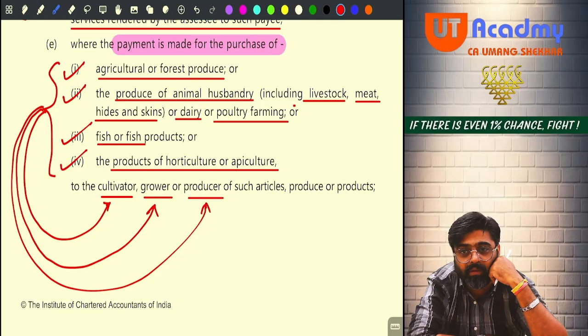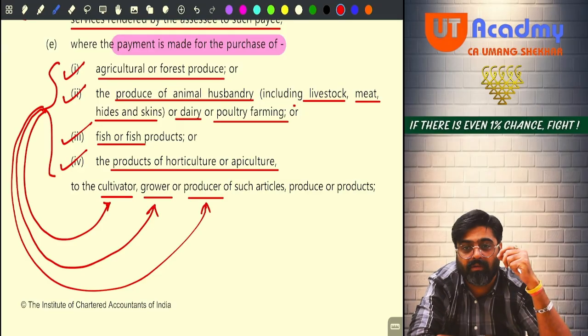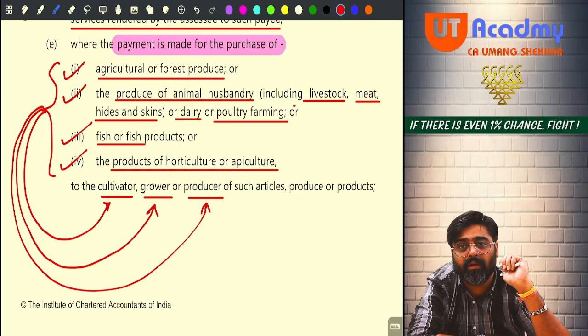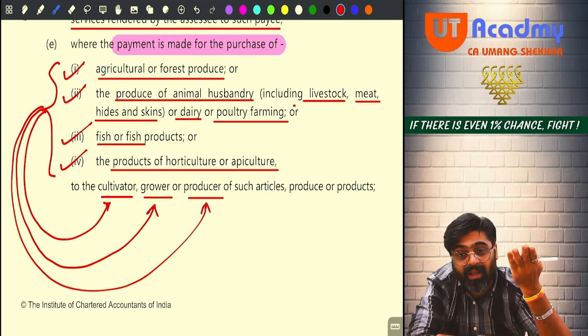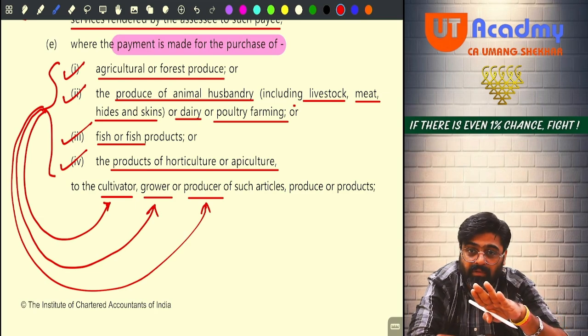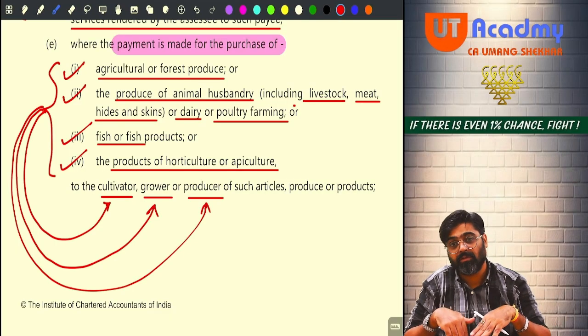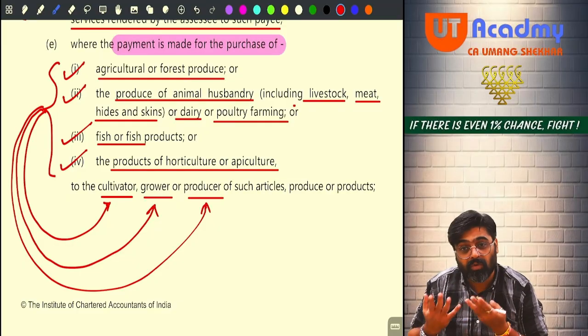Or there are products of horticulture or apiculture. Horticulture means flowers and all are there, no? Ornamental flowers and all. Those are known as horticulture and apiculture. So you are making the payment for these items, meaning in your business or profession you are buying these items. These items are bought for your own business or profession.